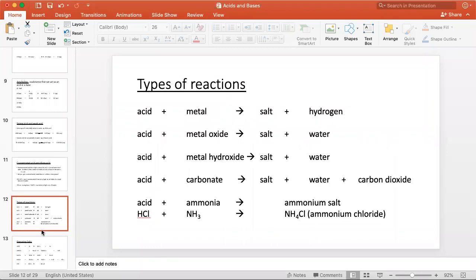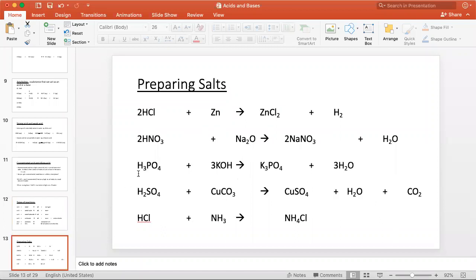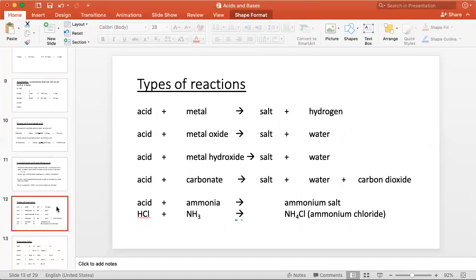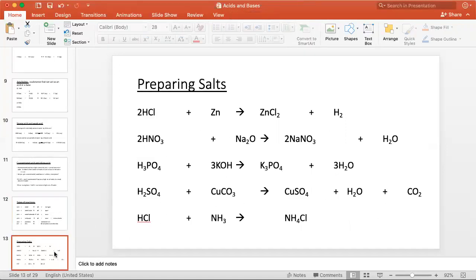Acid plus metal hydroxide gives you salt plus water. Phosphoric acid, which we didn't do before, plus KOH, which is your base, will give you potassium phosphate, your salt, plus your water. Then acid plus carbonate gives you salt, water plus carbon dioxide.